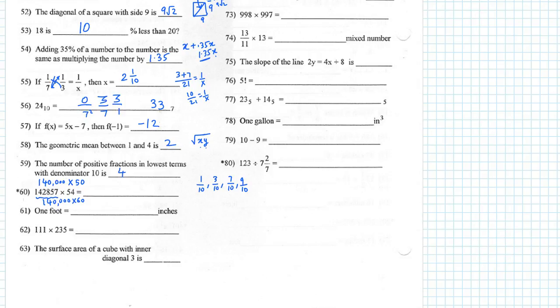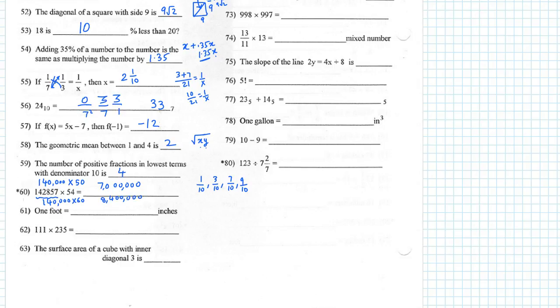So 14 times 5 is 70, and then we will add 5 zeros to it. 1, 2, 3, 4, 5. So this is 7 million, and 14 times 6 is 84, so this is going to be 8.4 million.